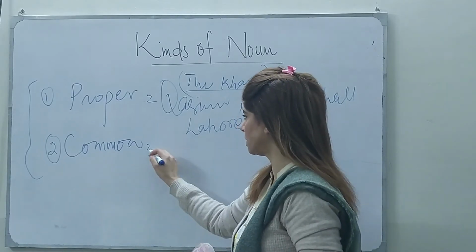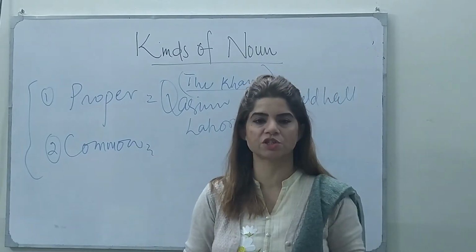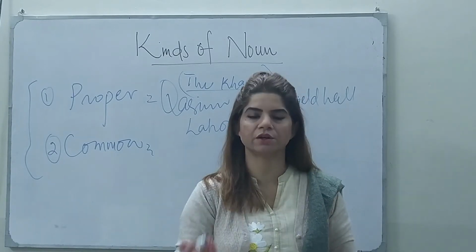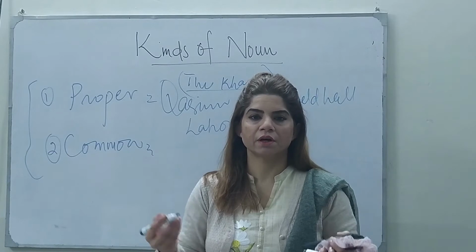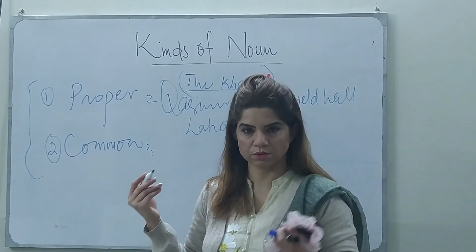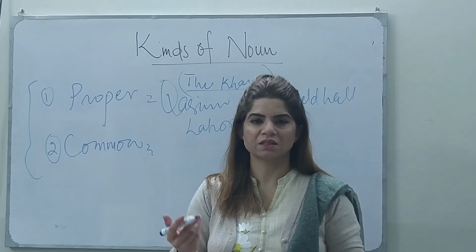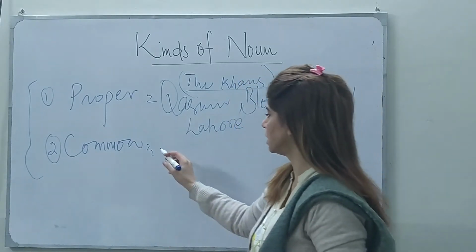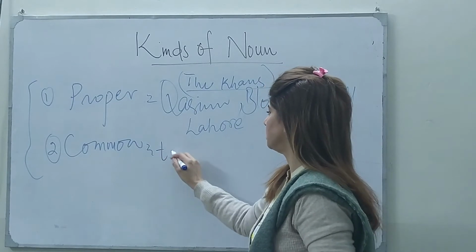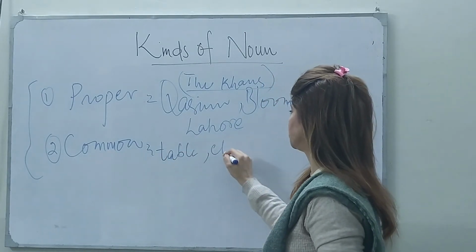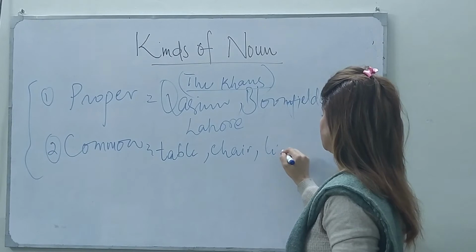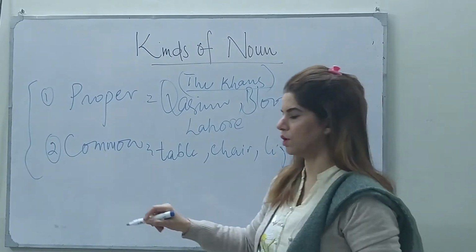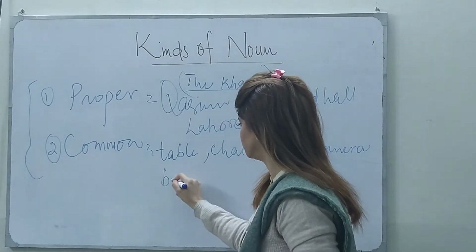Now we will talk about the common noun. Common nouns, as the name suggests, are very common. Everything around you has a name, and it comes into the category of noun, like table, chair, pot, clock, bed, glass. Let me write a few examples, and after that I'll tell you the interesting thing about them. Table, chair, light, camera, and bed.